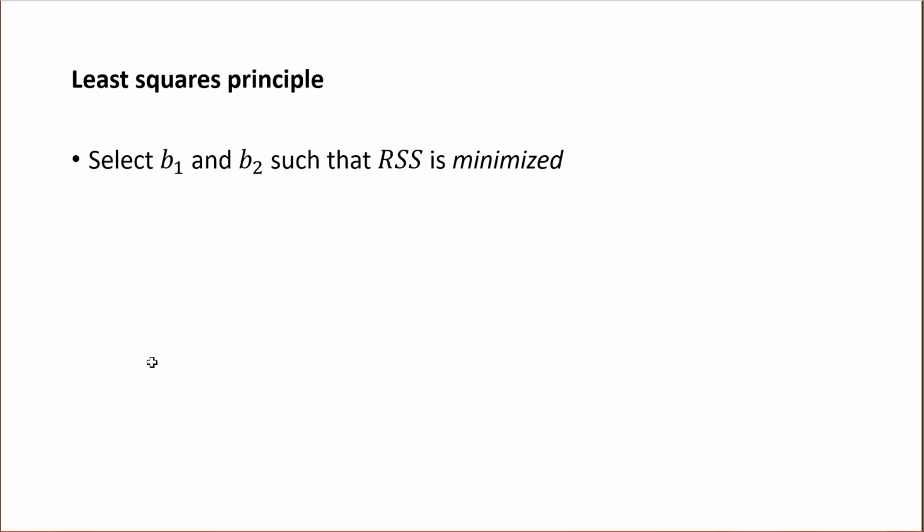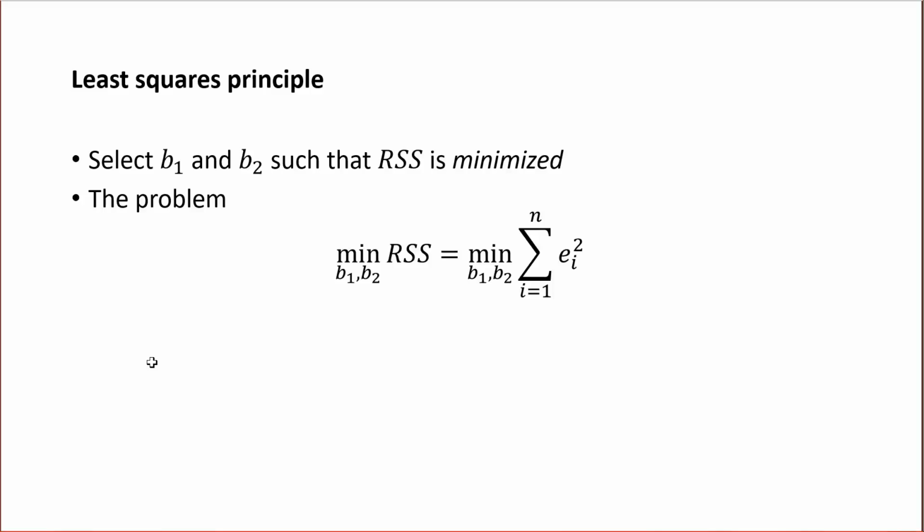Mathematically, we then have this problem. We need to minimize a function, that is the RSS function, which we know depends on B1 and B2. So that is the least squares problem, minimizing RSS by selecting B1 and B2. And remember, RSS is just defined as the sum of the squared residuals.